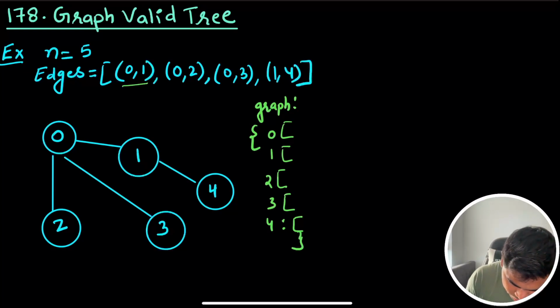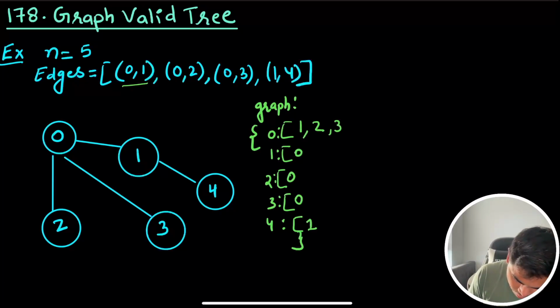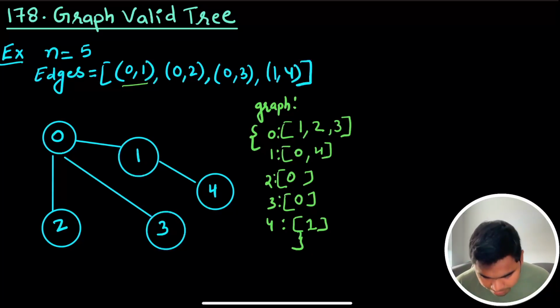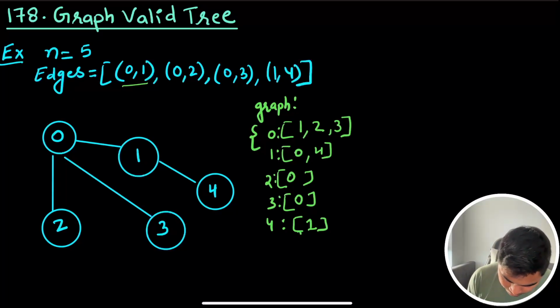For 0, 1: 1 is 0's neighbor, and 0 is 1's neighbor. 0 has the neighbor 2, and 2 has 0 as neighbor. Then 3 has 0 as neighbor, and 0 also has 3 as neighbor. Then 4 has neighbor 1, and 1 has neighbor 4. This is the adjacency list, or graph, we have created.